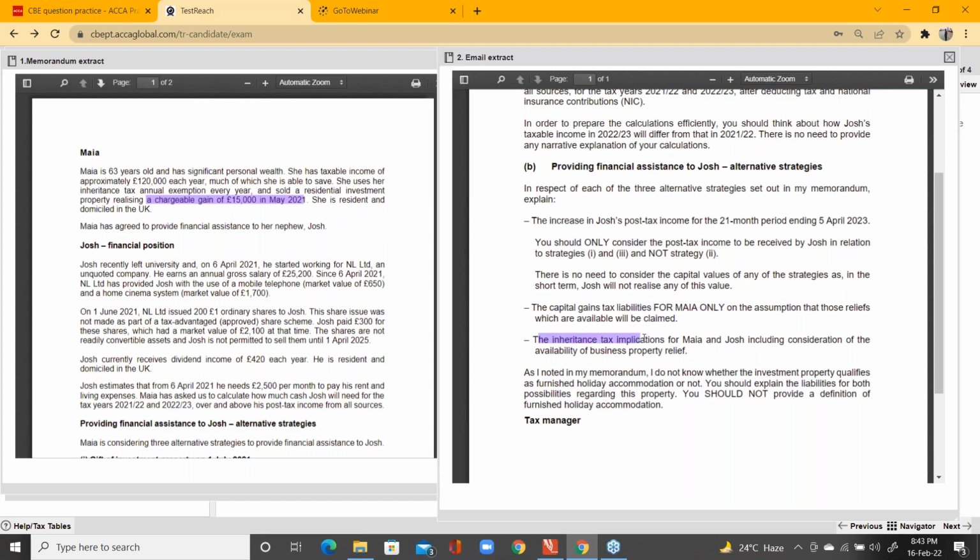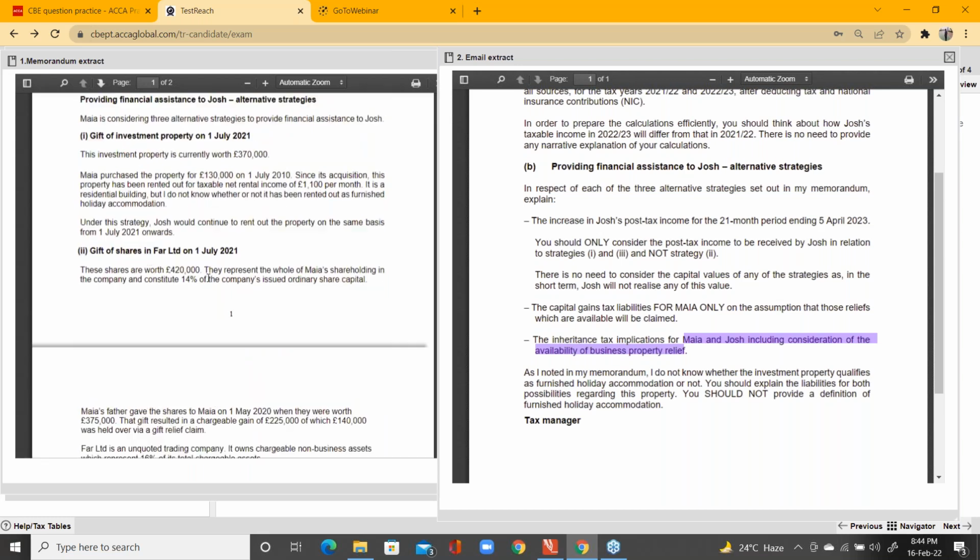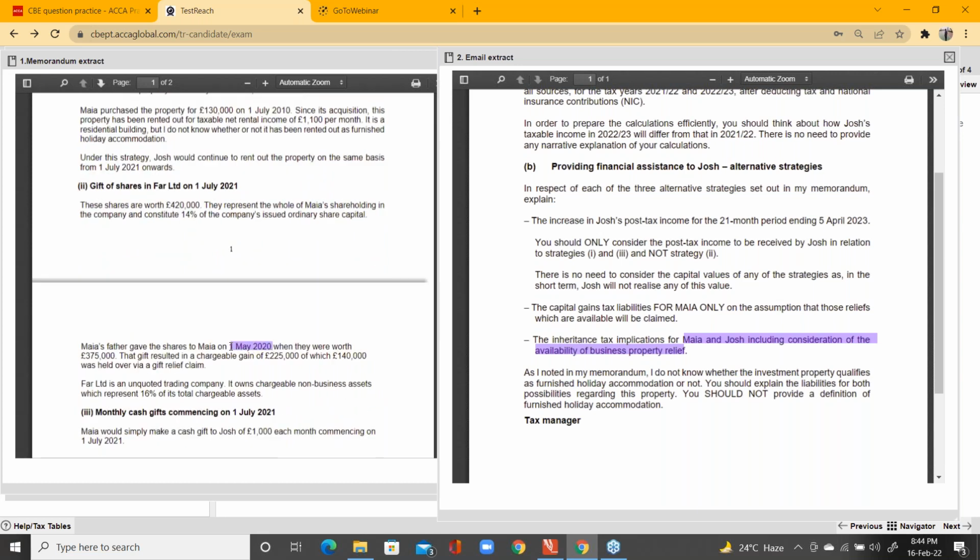Next thing to do: the inheritance tax implication for both persons, for Maya and Josh, including consideration of the availability of business property relief. By the way, we have already discussed that BPR would not be available because the holding period of the shares in FAR Limited is less than 2 years. So BPR would not be available for IHT purposes.